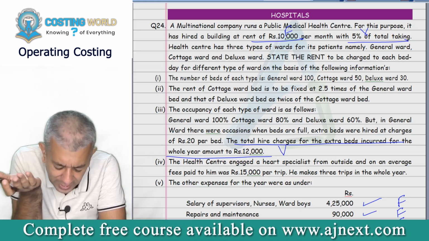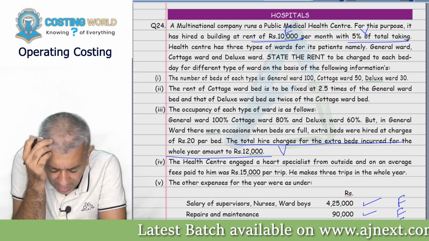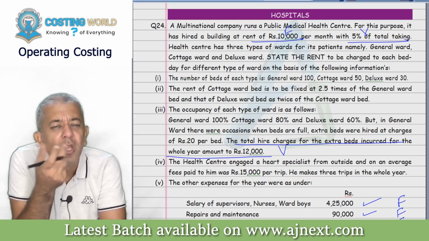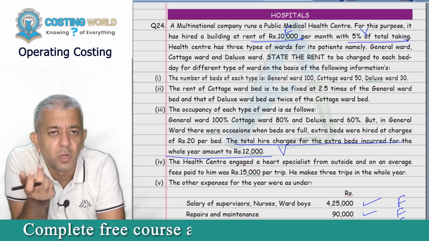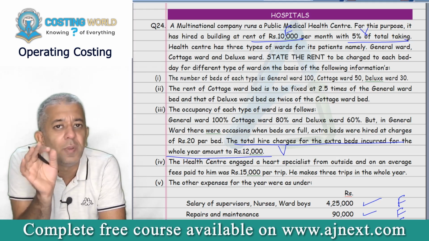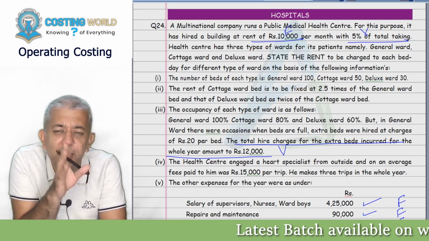Okay. Now health center engage a heart specialist from outside, and average fees paid to him was 15,000 per trip. He makes 3 trips in the whole year. Now honestly, it could be fixed, it could be variable also. Somebody can be speaking how it can be fixed. Suppose we have a contract with him. He will be making 3 trips only, no matter how many patients there are. Can I say in that particular case, it will become a fixed cost?